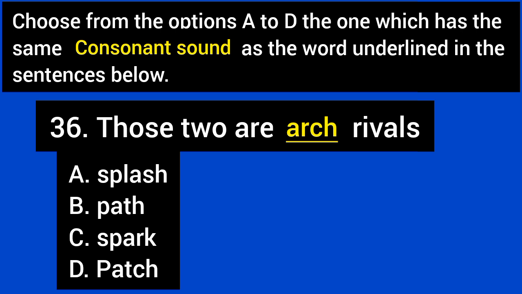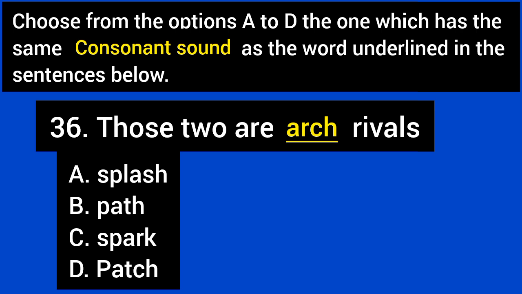Let us go to the B. We have path. So we have the p sound and the th sound, and I don't think this one can be our answer either. So let us move straight to the C. We have spark.